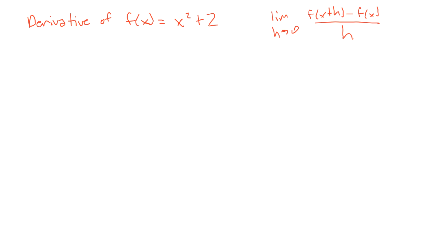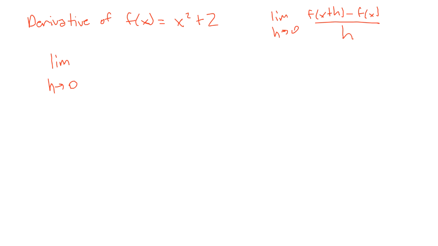Let's start setting up our limit. So we have our limit as h approaches 0. Now instead of plugging in just a normal value, we're just going to leave x and h as they are.